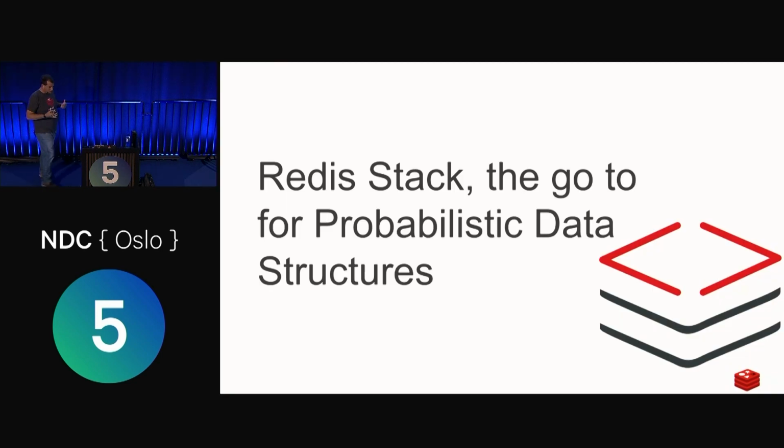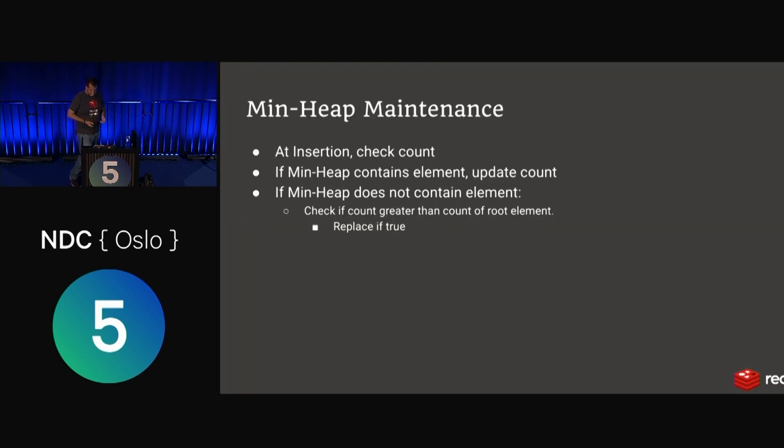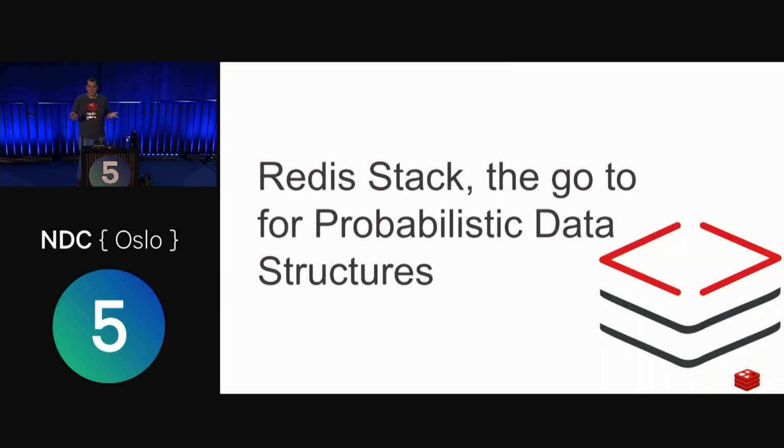So Redis Stack, the thing I told you about earlier, which is the conglomeration of all the probabilistic data structures as well as all the other modules that Redis Inc. produces, is your go-to place now for using all these probabilistic data structures. You can use them in your applications relatively easily by spinning up a Docker image, installing it, or building it from source, whatever you want to do.